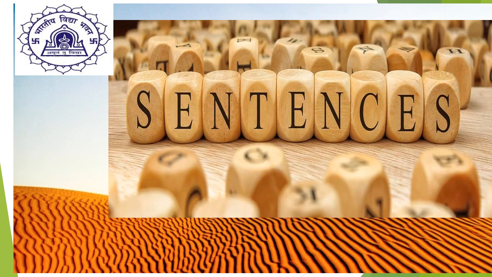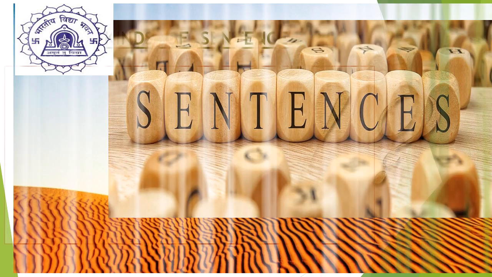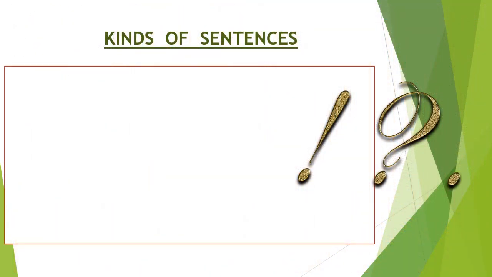In the previous video, we learned about what a sentence is and the parts of a sentence, that is, subject and predicate. Today, we shall be learning more about sentences, and that is, kinds of sentences. They are divided into four categories.